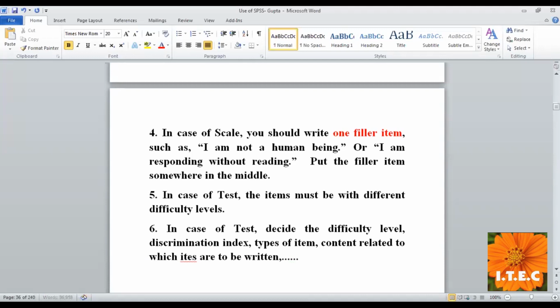Another important point that you have to understand is that whether you are developing the scale or inventory or test, you have to write the instruction. Write instruction carefully.